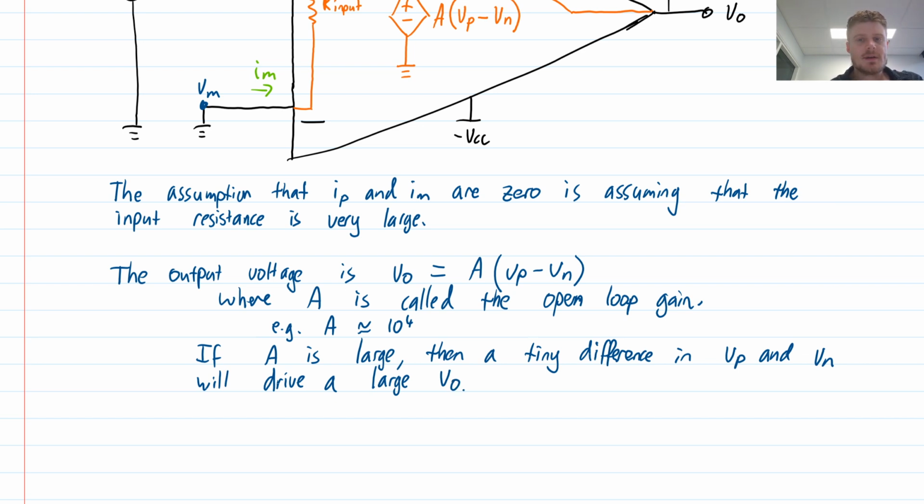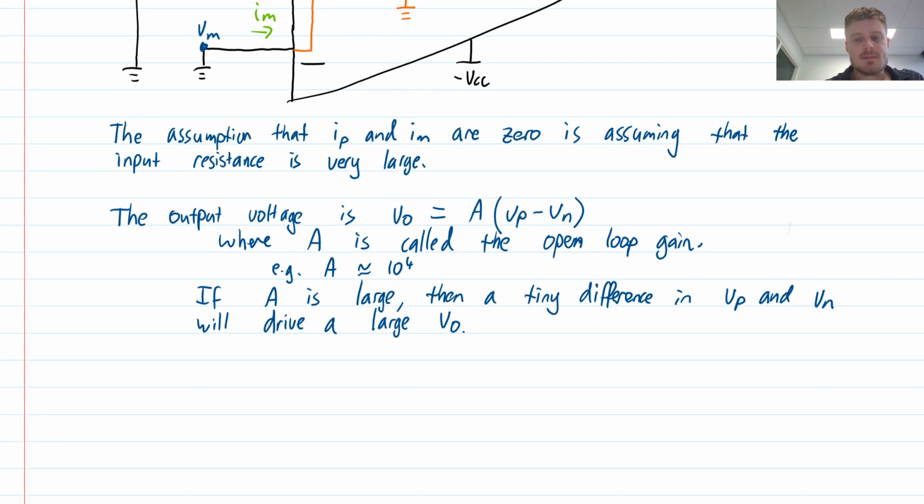So this is the origin of the assumption that the input voltages are equal. We say, well, they're actually not exactly equal. There will be a slight tiny difference, but it only takes a really, really tiny difference because this parameter A is just so large that we'll be able to achieve our output voltage even with a really, really tiny difference in the input voltages.